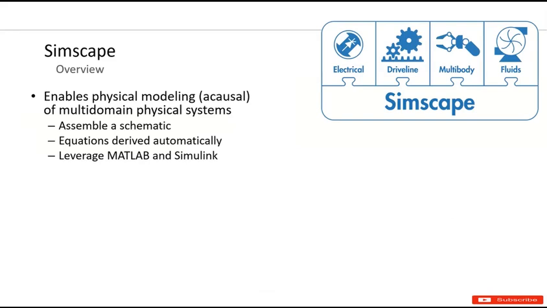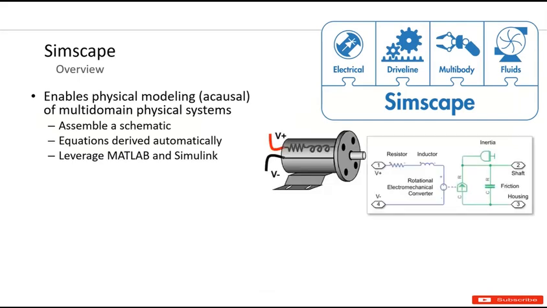So Simscape is a product that is in the MATLAB Simulink platform, and it allows you to model your system physically, meaning mechanical or electrical systems, power electronic systems, hydraulic systems, and so on.